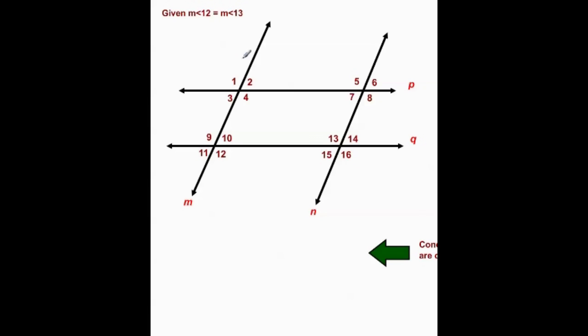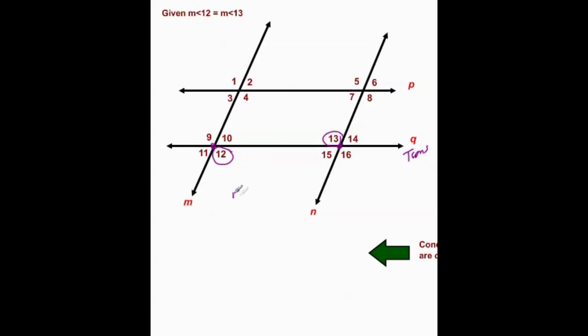Given measure of angle 12 is equal to measure of angle 13. Well, let's find out where they're located. Here's 12. Here's 13. We're dealing with transversal Q, so here's our transversal. All I did was just connect the dots right here. This is the transversal. Then we need to know our definition of what kind of angle pair this forms.